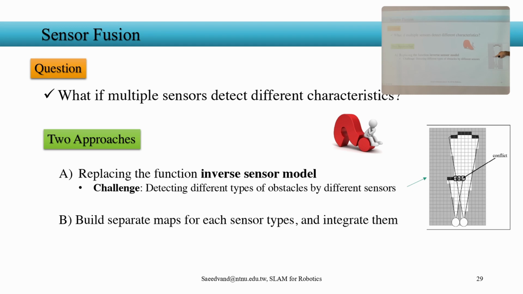Partially conflicting objects: one of your sensors partially sees this one, the other sees all of this, but this sensor also sees another object, an obstacle. And you don't know whether this is covered by that or not. So overlapped objects and partially visible objects are making challenges for us.